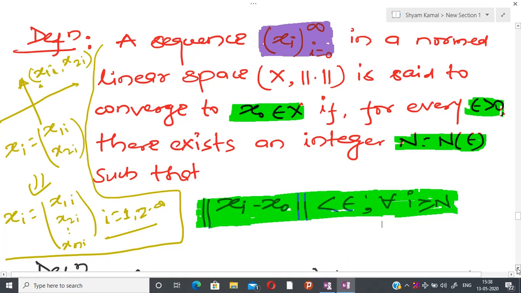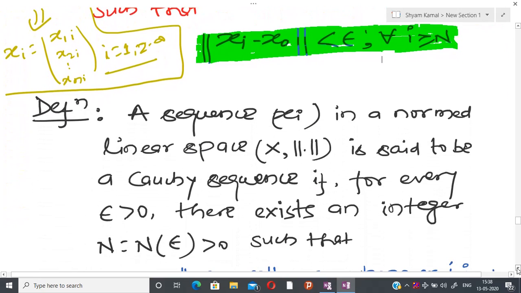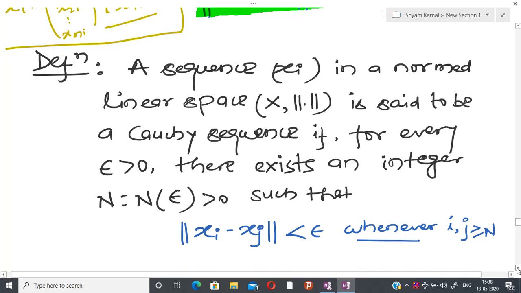So now I hope that you are able to understand this definition, because you have already understood it.